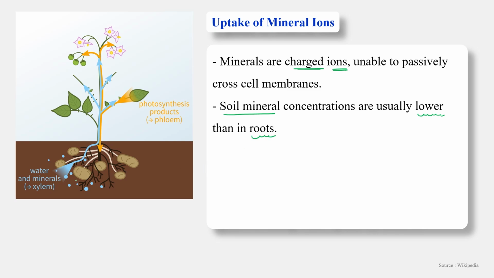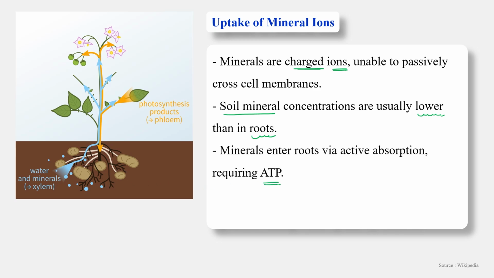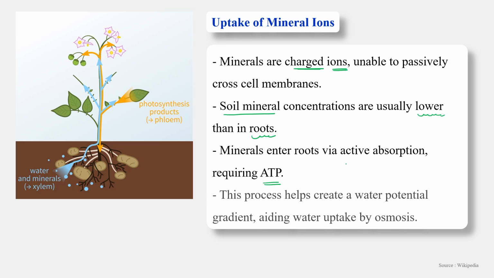So obviously, if the concentration is low outside, then it requires energy to move inside, right? So minerals enter the root via active absorption and it requires energy, and this process also helps to create a water potential gradient, aiding water uptake by osmosis.